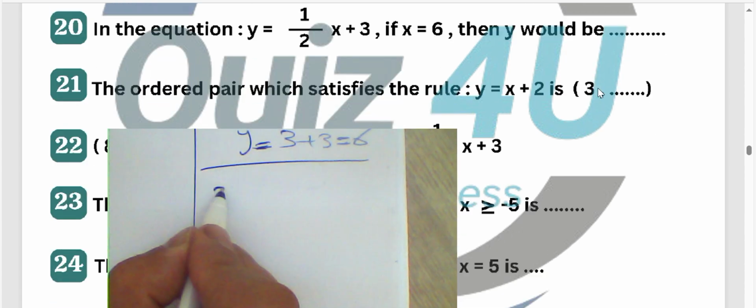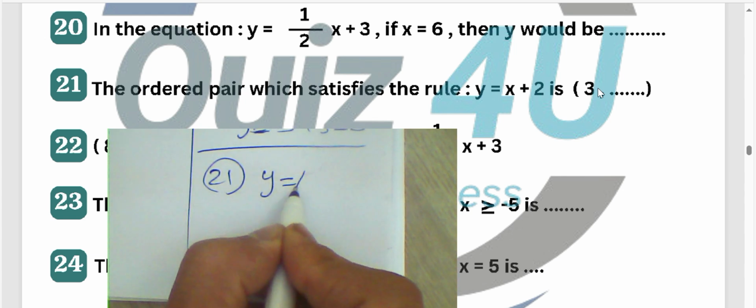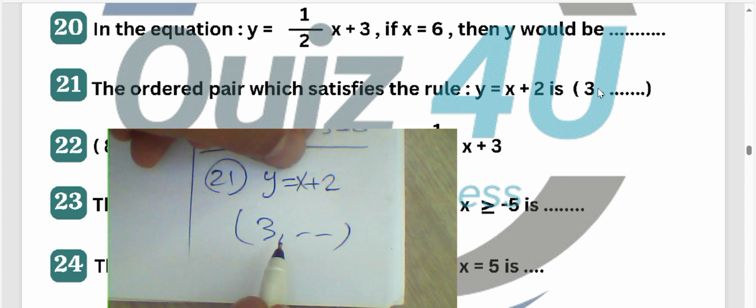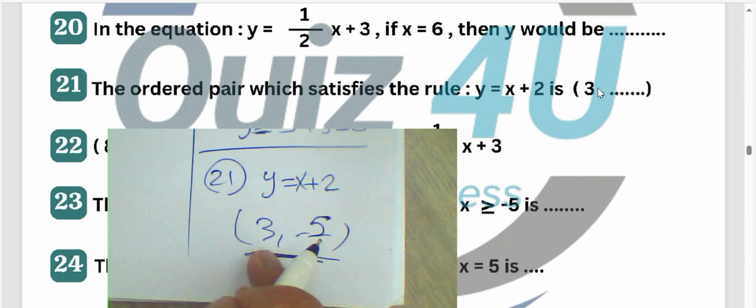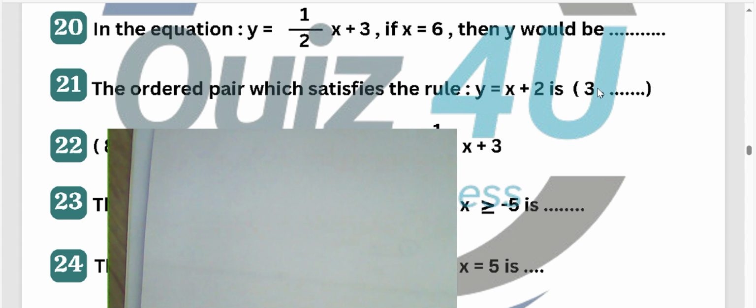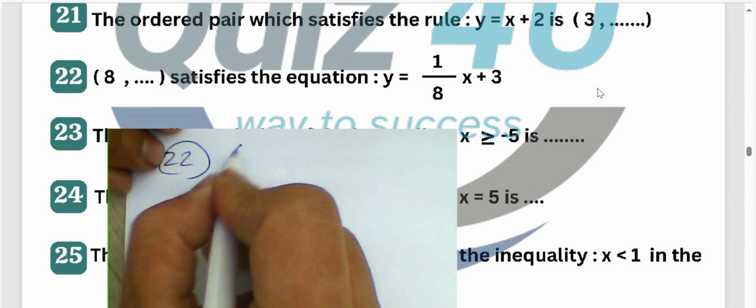Question 21. The ordered pair, y equals x plus 2, 3 and space. Put x equal 3 here. 3 plus 2 will be 5. Then the point here will be 3 and 5. Next question 22. We have 8 and space satisfies this equation.